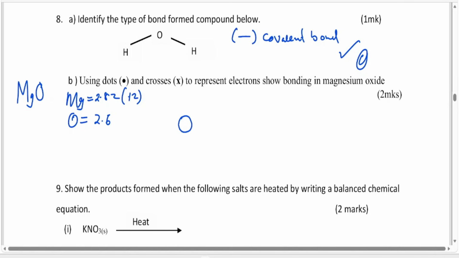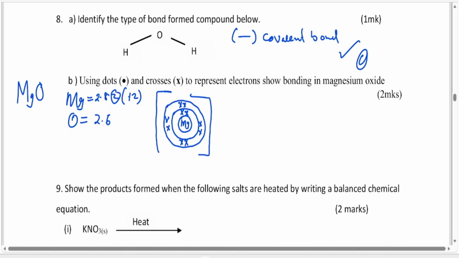So I'm going to have magnesium. Then I have 2 energy levels, because after losing the 2, I'm left with 2 energy levels. So I'll use crosses for magnesium. So I have 1, 2, then 1, 2, 3, 4, 5, 6, 7, 8. And after doing that, remember this one is an ion.